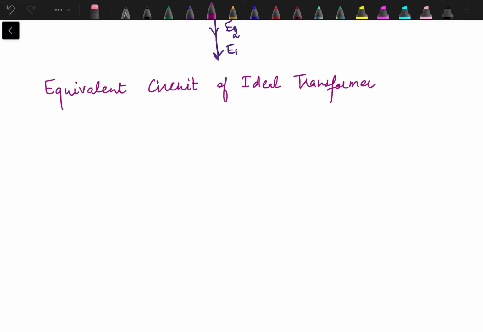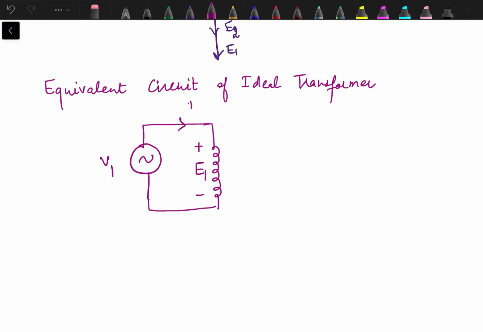Since we have assumed that there is no winding resistance and no leakage flux, we have a voltage source on the primary side, and in the winding we have induced EMF E1, current is I1, and on the secondary side E2 EMF is induced and the circuit is closed.